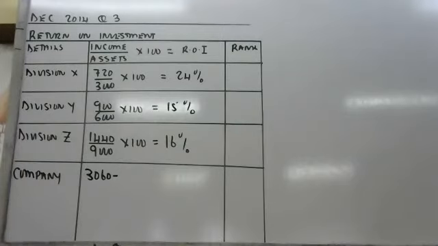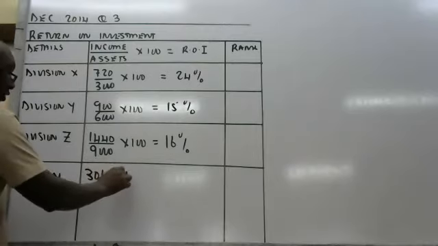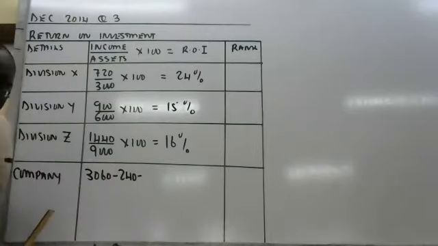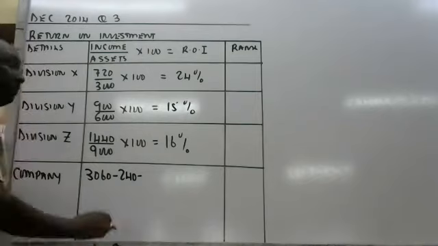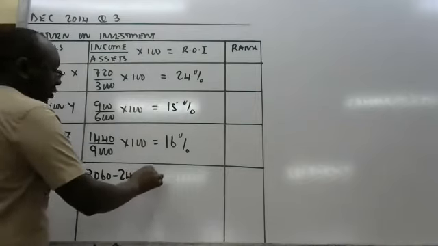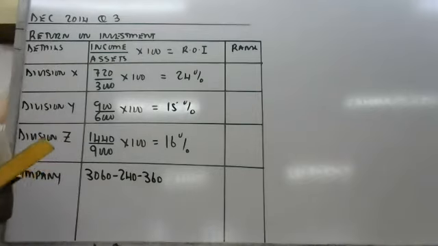There is the variable cost of the head office, and there is the fixed cost. So we have the 240, and we have 360. Can you see those costs that are in the head office?